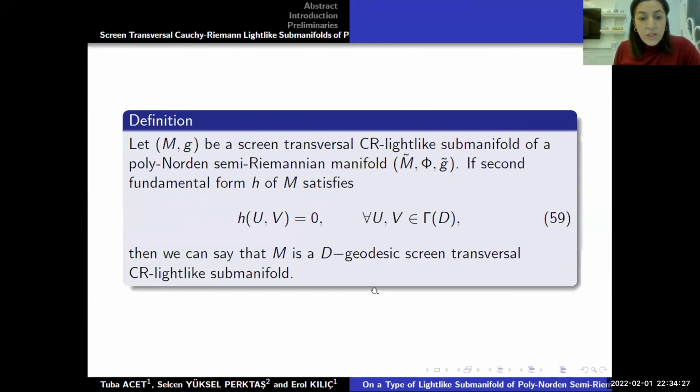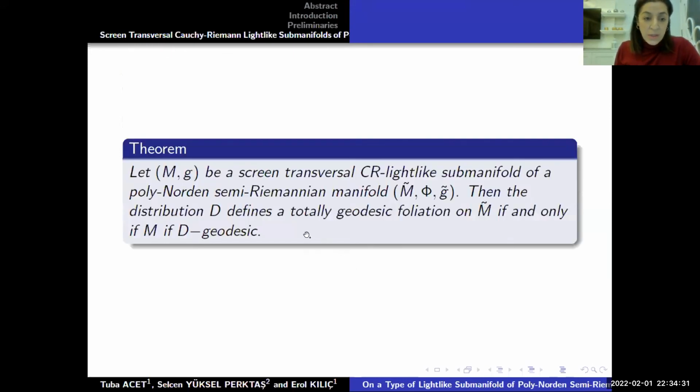And for D-geodesic screen transversal CR lightlike submanifolds, we can give the last result. The distribution D defines a totally geodesic foliation on M tilde if and only if M is a D-geodesic one.